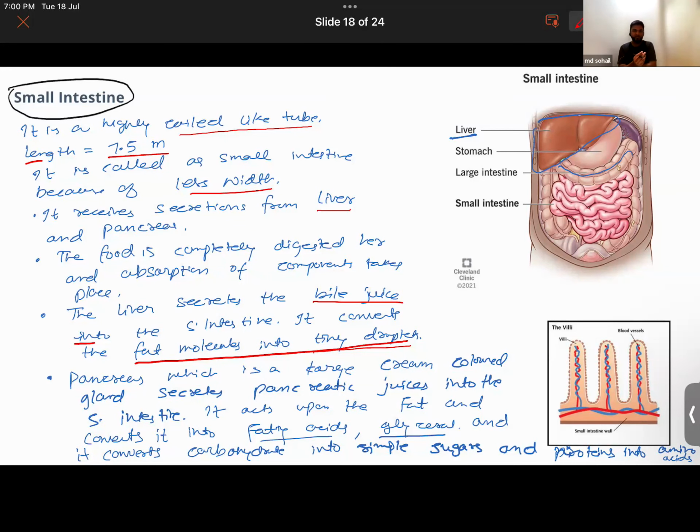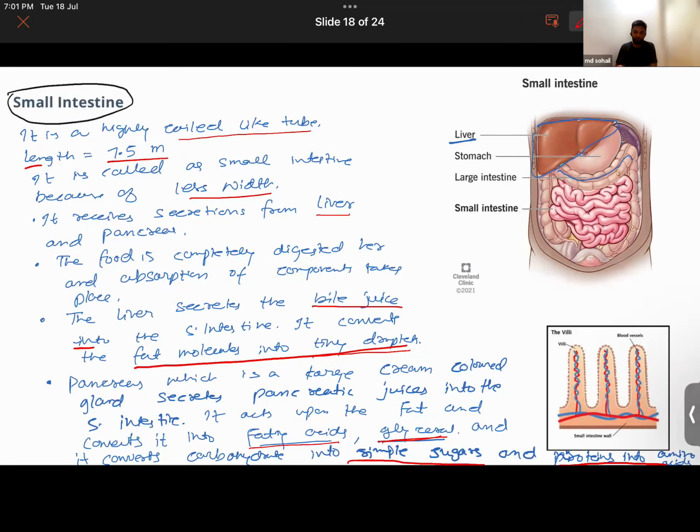It converts fat into fatty acids and glycerol with the help of its pancreatic juice. And carbohydrate into simple sugar, and proteins into amino acids. Okay, good. That is clear here now.